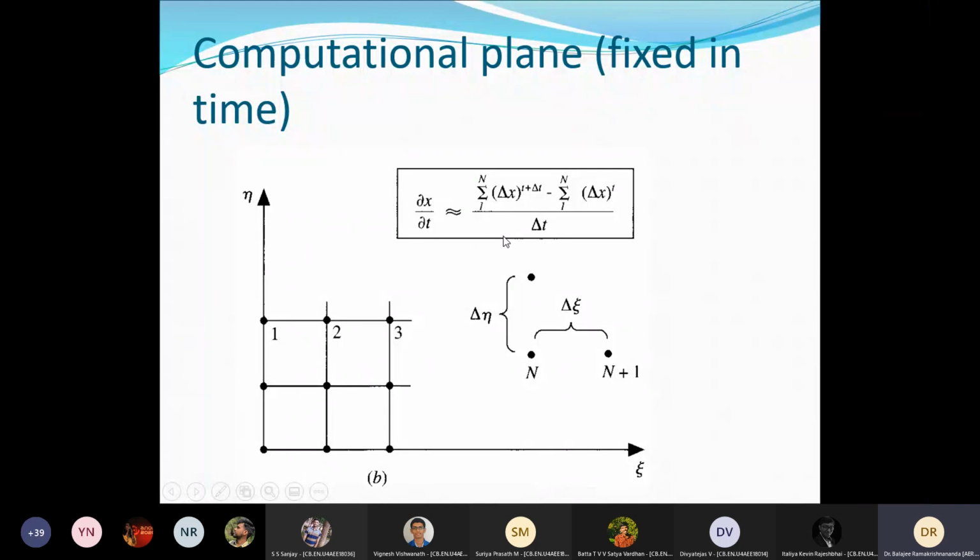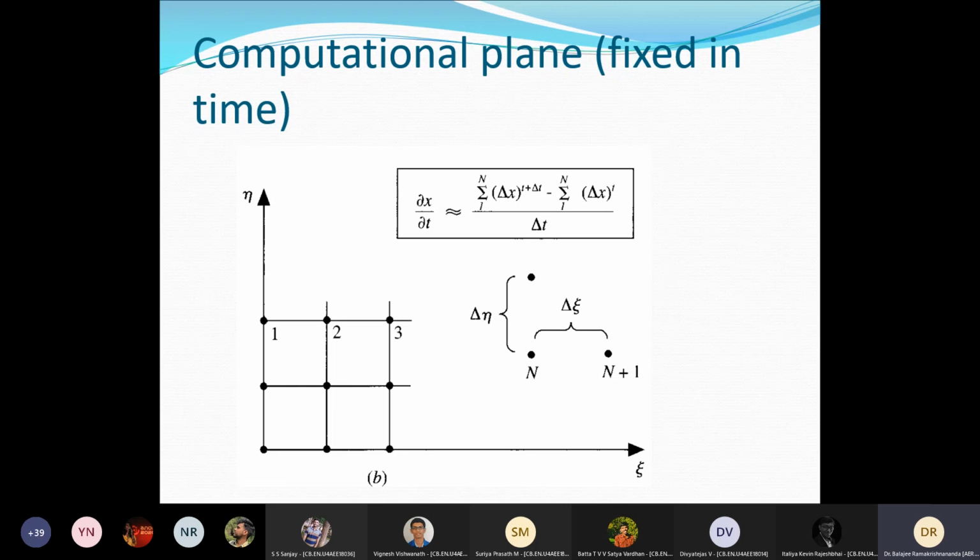So this sigma delta x at t plus delta t is the change in x at point n. That is, delta x at n is the sum of delta x from 0 to n. Now what is the delta x at t, which means the previous time's location? When you take the difference, you will have the delta x between t plus delta t and t, divided by delta t.